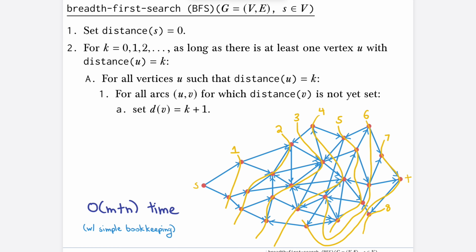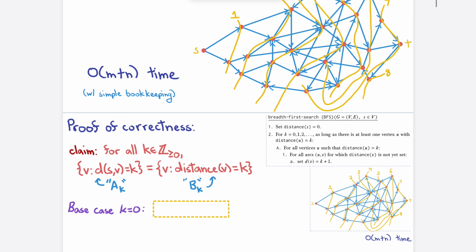One way to make this run in linear time: if I've already built out layer 5, I'll just make an empty list for layer 6. As I find vertices, I just drop them in. Then when I get layer 6, I start a new list, build out layer 7. Very simple. So that's a linear time algorithm.